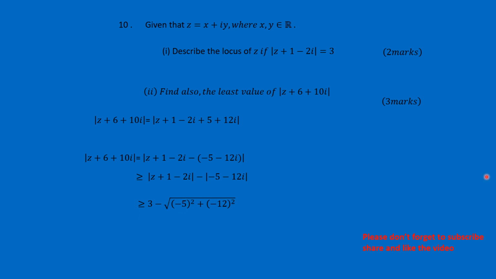So at the end of the day, we have 3 minus 13. That's greater than or equal to minus 10. So from here, we can see that the least value of this expression is equal to what? Negative 10. So we are done with the presentation.